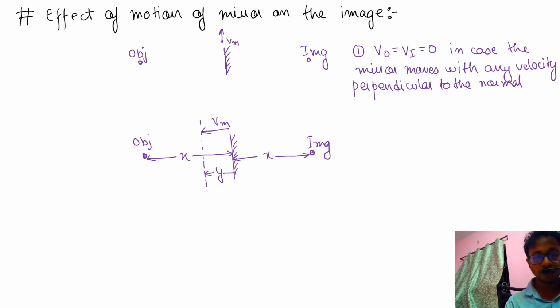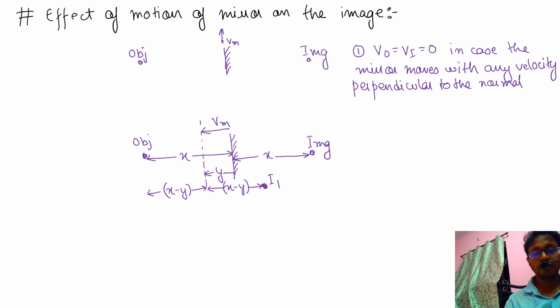What is this much distance? X minus y. Similarly, this much will also be x minus y. So our new position of image would be out here. Actually it would be out here, but in order to avoid clutter, I'm showing it out here.